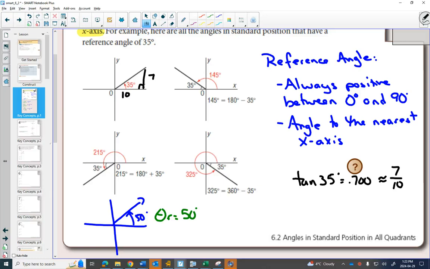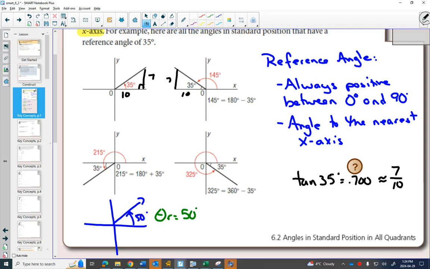But no matter what numbers are on the opposite over the adjacent, for 35 degrees, it will always come out to 0.700. Now, if I drew this same length of a line over here, where this was 7, can you see that that would make the exact same triangle just flipped over?